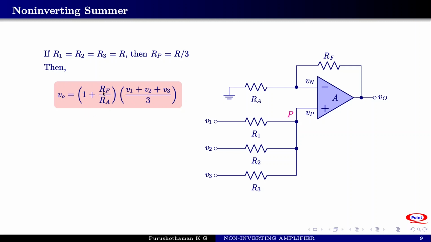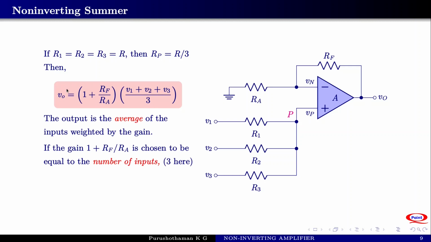Now what will happen if 1 plus Rf by Ra is equal to 3? Or if the gain of the amplifier is chosen to be equal to the number of inputs, 3 is the number of inputs here. If 1 plus Rf by Ra is equal to the number of inputs, then this 3 will be cancelling out. So we will be getting Vo equal to V1 plus V2 plus V3. The output is the sum of inputs.